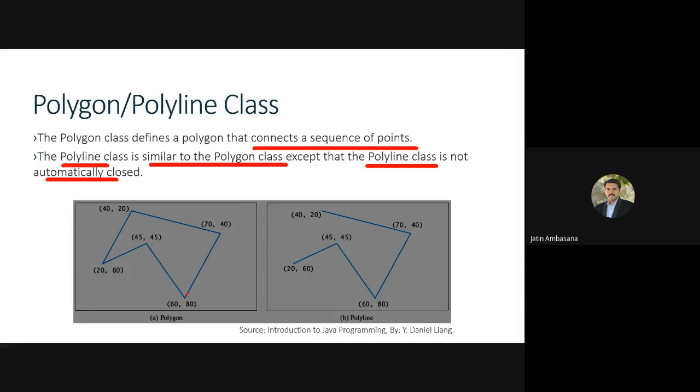So you specify points like this, and this line automatically gets created. In the polyline case, this line over here does not get created. It's the only difference.